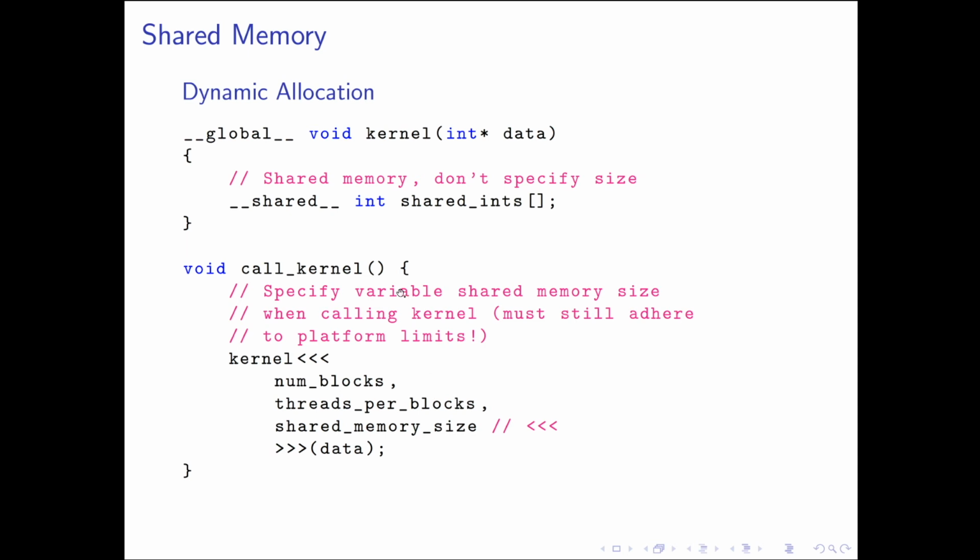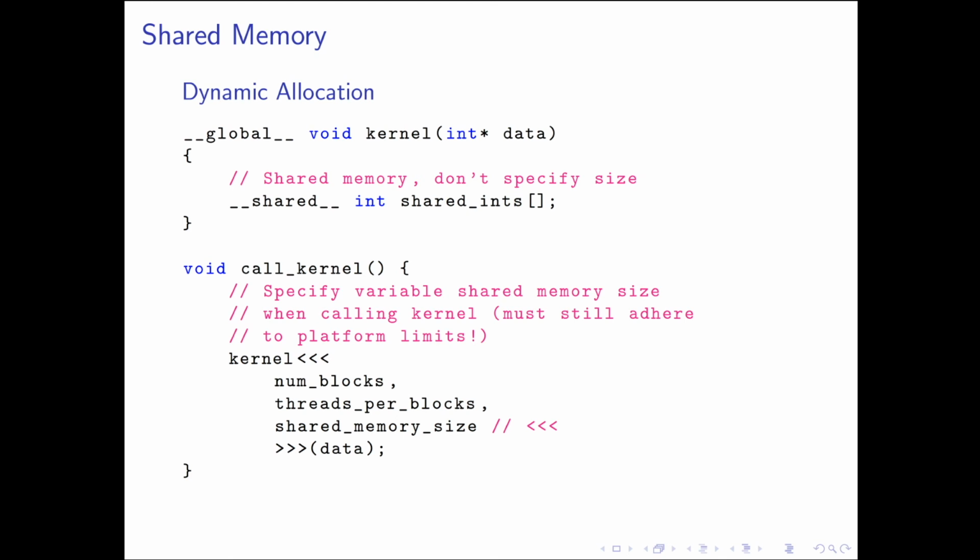With dynamic shared memory allocation, we additionally pass the shared memory size so that the kernel later is able to initialize the shared memory array appropriately. So with dynamic allocation for shared memory, we have this syntax where the kernel call configuration is also used to pass the shared memory size in bytes, and then the shared memory is available in the kernel.